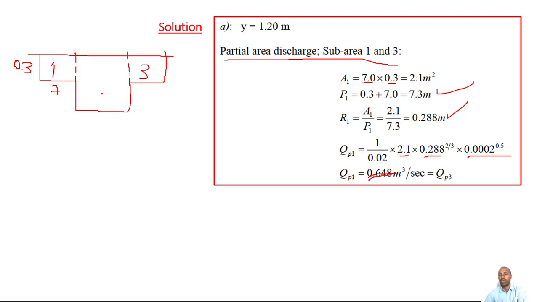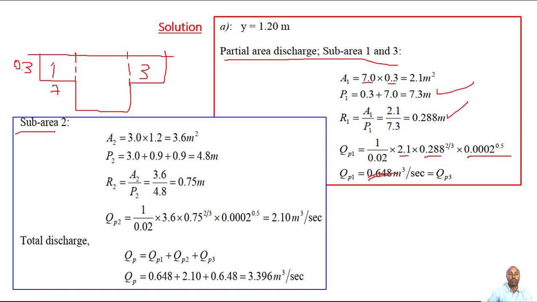For the central portion, let us calculate now. For sub area 2, the area is 3 meter by 1.2, because you have 3 meter width. So area should be calculated over the whole region, which is 3.6 meter square. But when you come to perimeter, you should only include the boundary of the channel. So this is 0.9, and you consider only this boundary of the channel: 0.9 plus 0.9 on both sides, then plus 3, 4.8 meter.